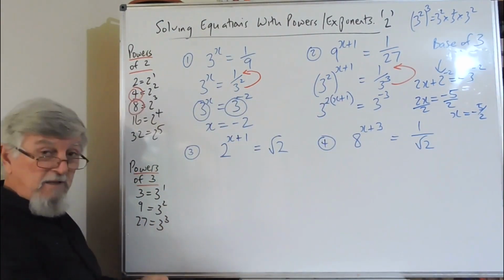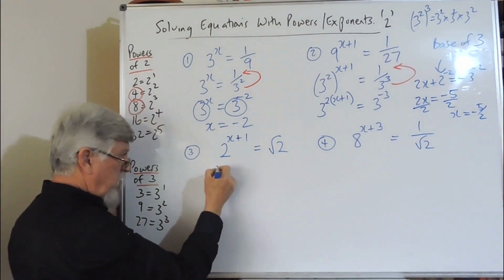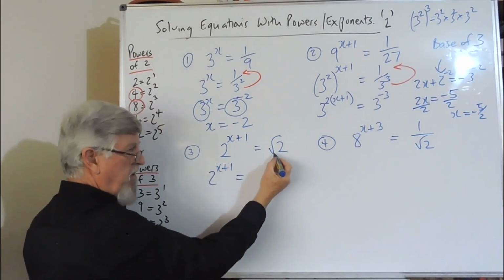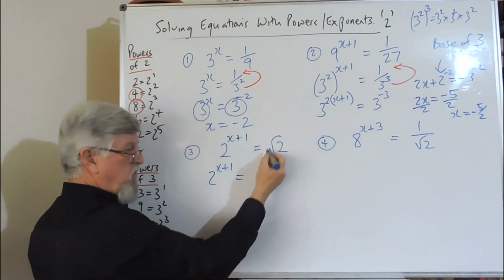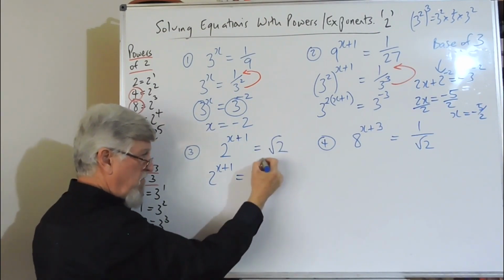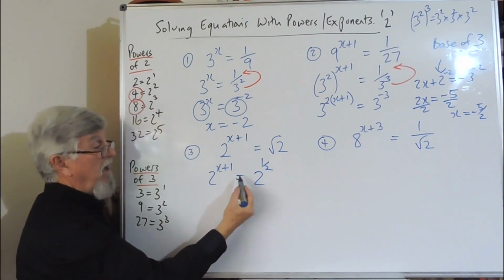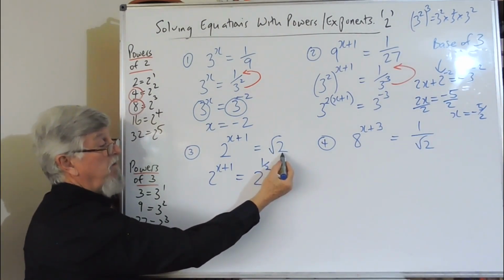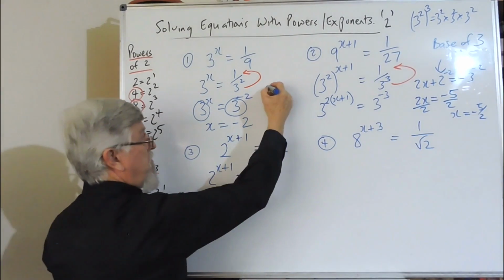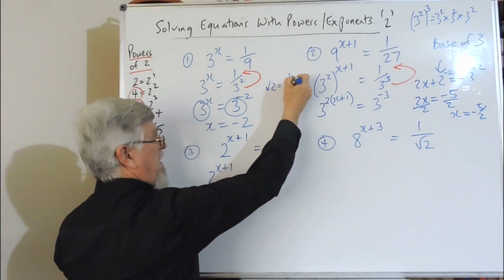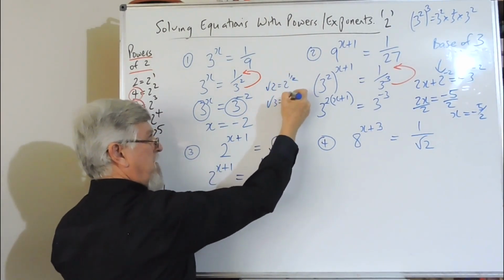Looking at this one here, a little bit of a twist. We've still got 2s, which is pretty obvious. How do I write 2 when it's got a square root? A square root means you write it as a half. I'm not going to fully explain that here, I don't have time for it. So root 2 can be written as 2 to the half. Root 3 is 3 to the half.